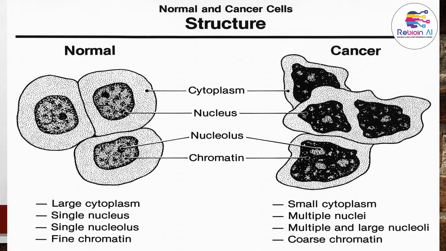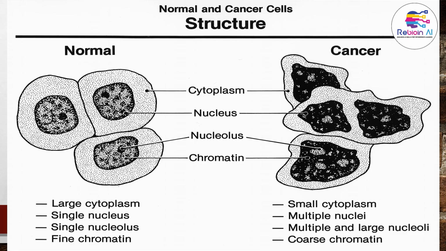Next is the nucleus, which is the control center of the cell and contains the genetic material or DNA. Normal cells usually have a single nucleus, whereas cancer cells may have multiple nuclei due to uncontrolled cell division.